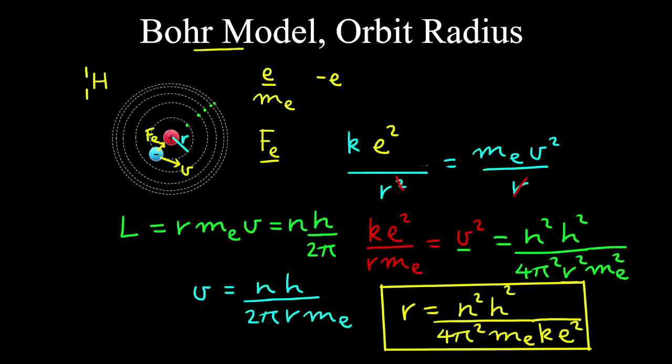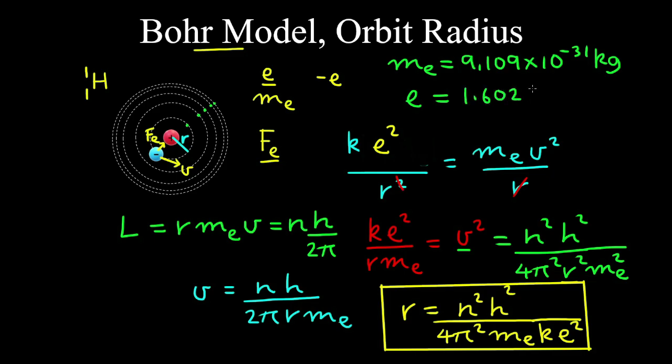And now we can plug some numbers into this equation. So we have the mass of the electron was 9.109 by 10 to the minus 31 kilograms. So we'll use SI units here. And the elementary charge is 1.602 by 10 to the minus 19 coulombs.